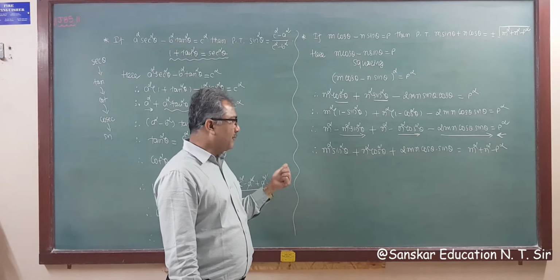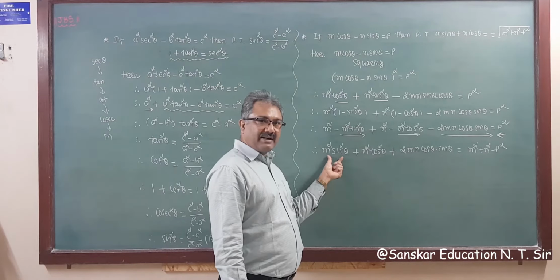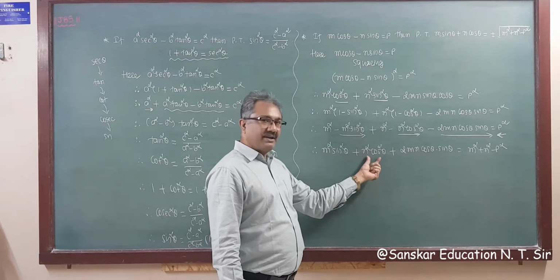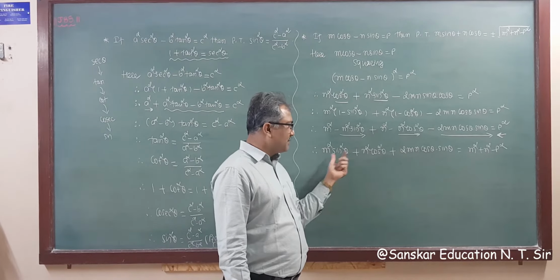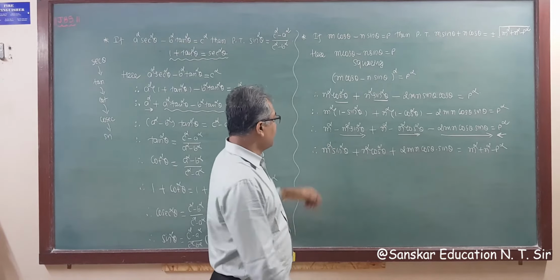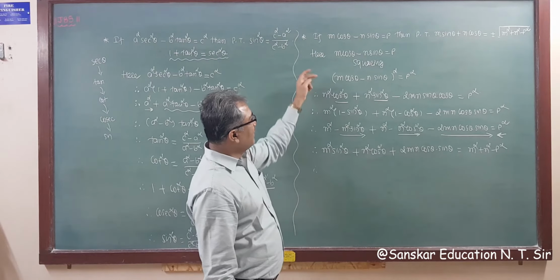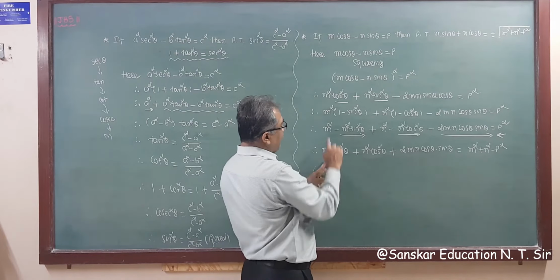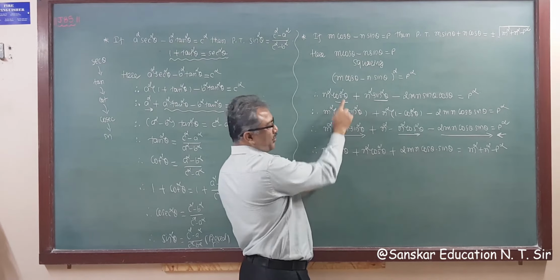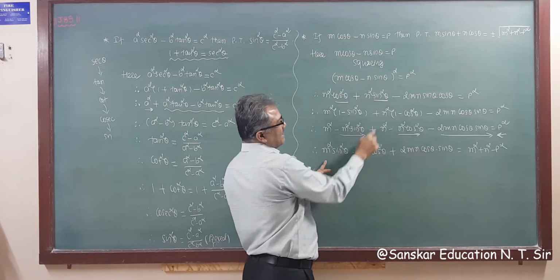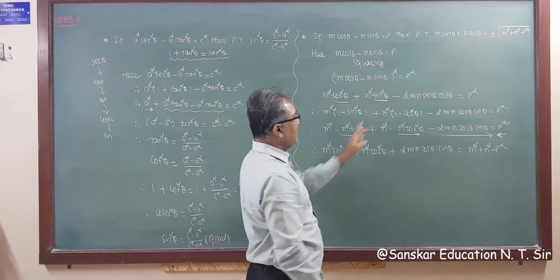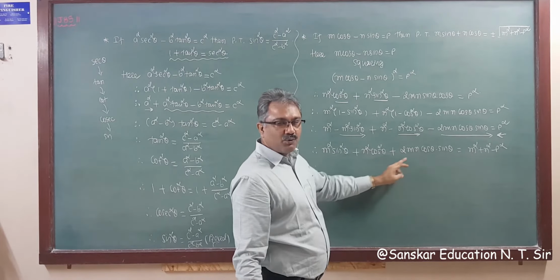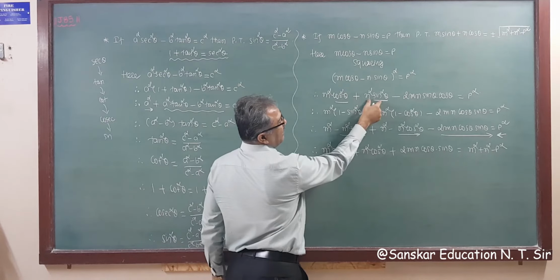Got it? Now this is (m sin theta) whole square, (n cos theta) whole square, and this is twice m cos theta sin theta. So this is the perfect square of, see here, if m cos theta minus n sin theta, the next function is this. Similarly, instead of m cos, here it is m sin, and instead of n sin, here it is n cos, and these two terms are the same, 2mn cos theta sin theta.